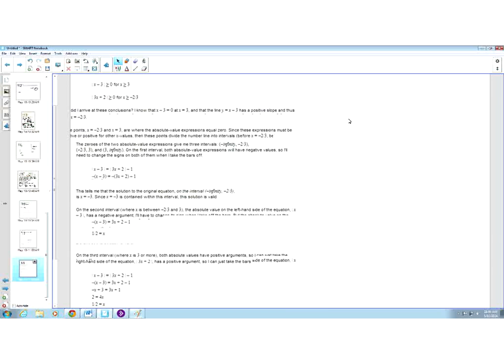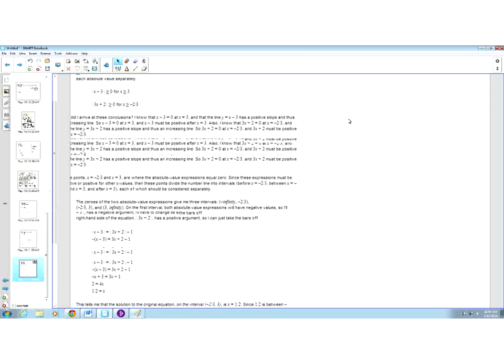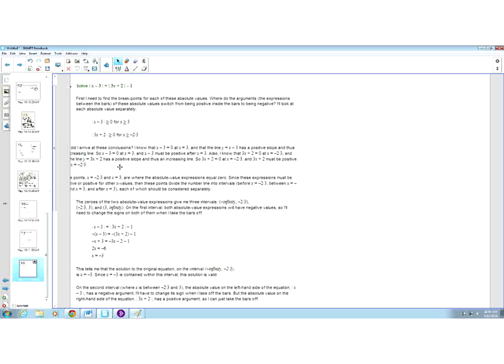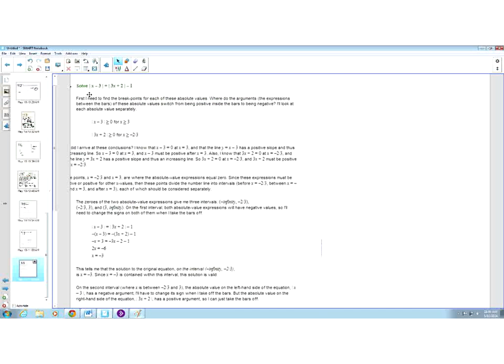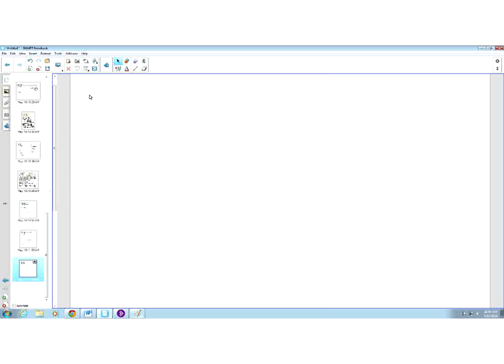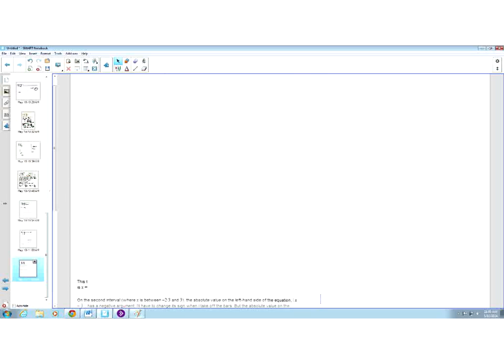All right, so take a look at this note. It looks like a little bit of it got truncated. Let me copy it again. Still truncated.